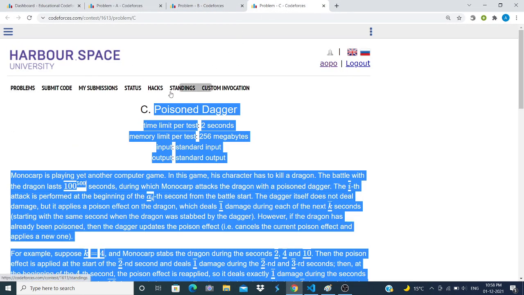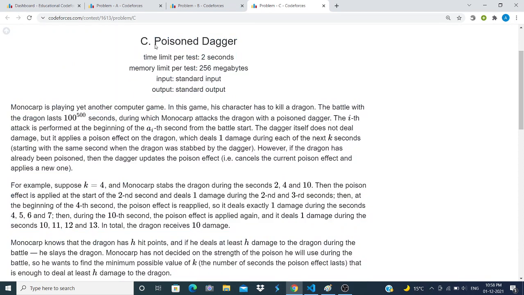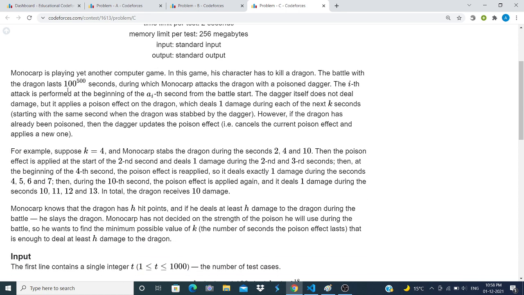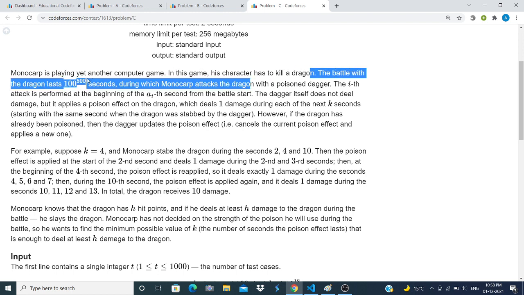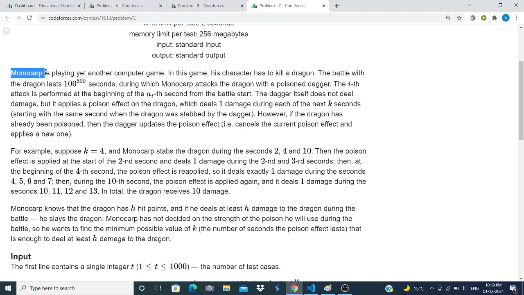Let's move to question number C. This was Poison Dagger. Let's go through the question quickly. Okay, in this problem there is a dragon, right? And there is a character called Monocarp.